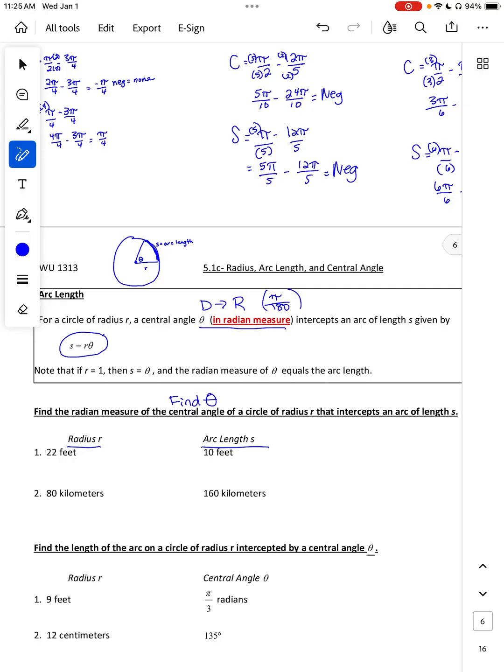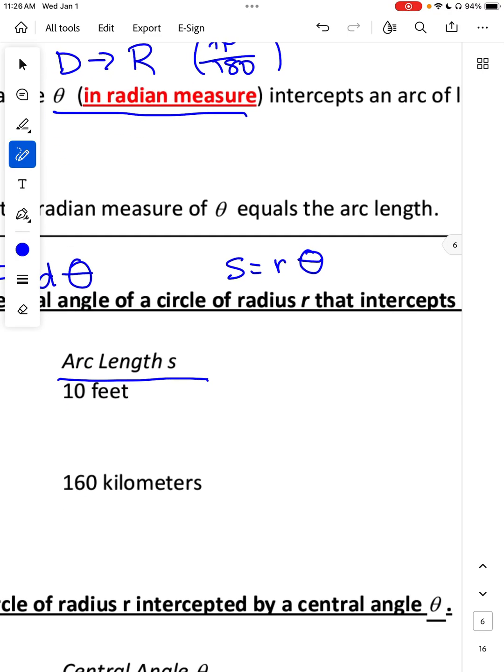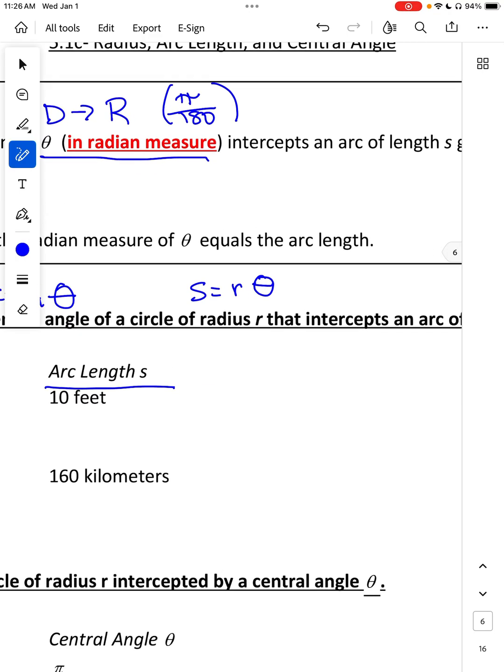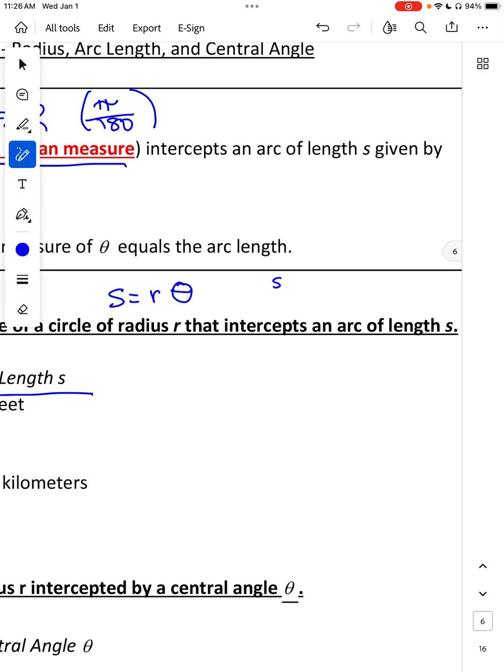So we do have the formula S equals R times theta, but we don't have theta. We want to find theta. So we're going to solve this for theta. The way you do that is go back to literal equations, and if we want to get theta by itself, we divide by R. So theta is going to be found by doing S over R. So S is our arc length.